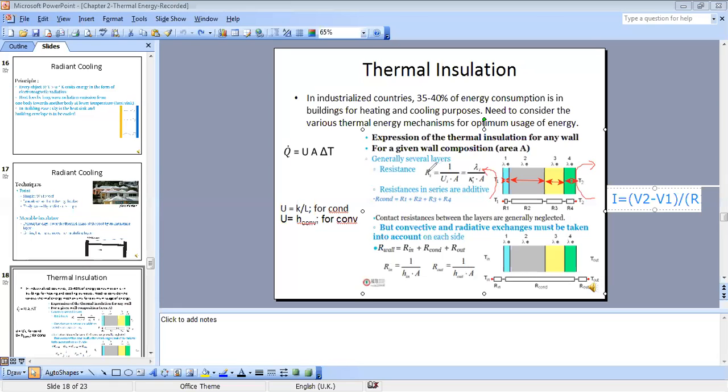And from the total resistance, I deduce the total U value, because I can say that R total is equal to 1 over U total times area. And this is what you call the U value. In general, when they give you the U value, they give you the total one for the whole system, taking into consideration convection and conduction.